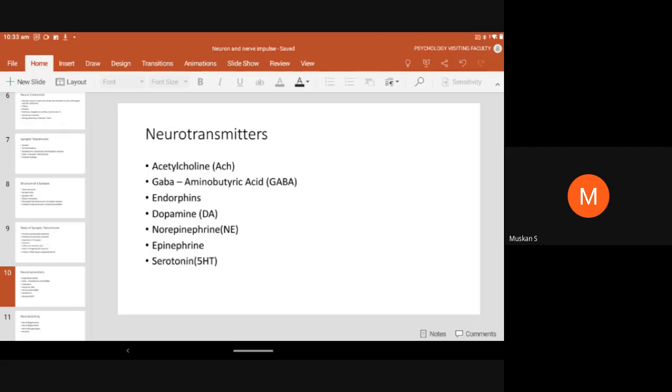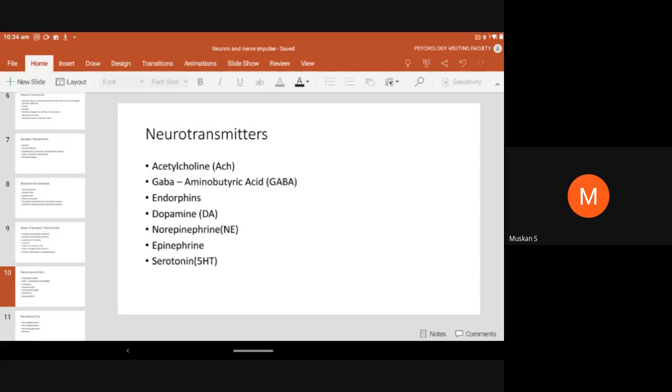So if there is any decrease of this dopamine, then obviously that person will have some depressive symptoms. Okay. Then the norepinephrine, abbreviated as NE, affects eating, alertness, and wakefulness. That means the conscious level of mind.